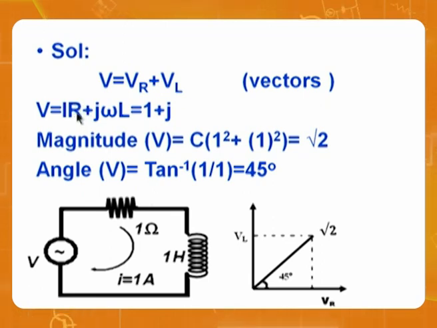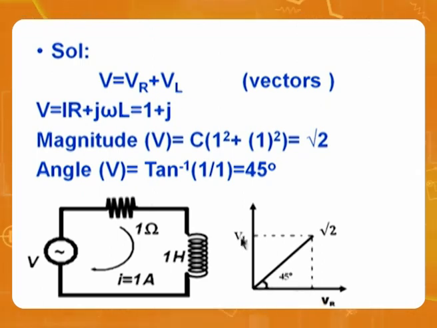So it becomes 1 plus j altogether into I. If you take the magnitude, root of 1 square plus 1 square, root 2 is the value. Angle is tan inverse of 1 by 1, because j is the imaginary part and 1 is the real value, so imaginary by real is 1 by 1. Therefore it is 45 degrees. If we see the phasor diagram, we will understand this.